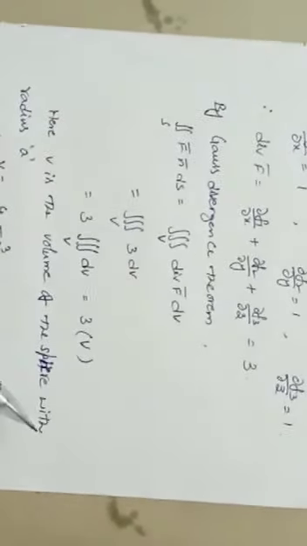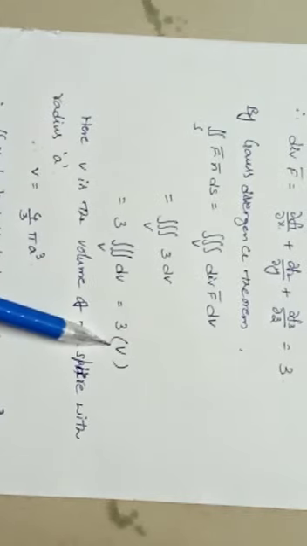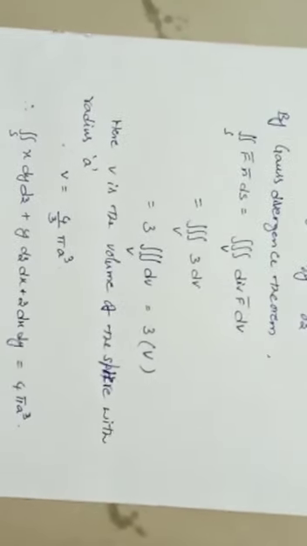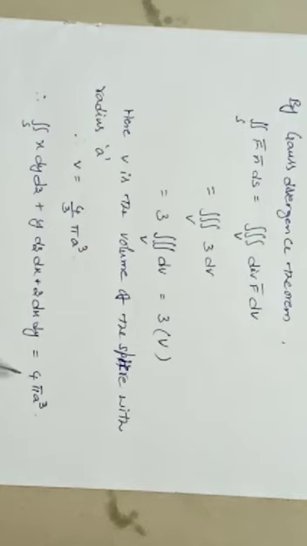So the volume can be written as 4 by 3 pi a cubed. This is the answer for the volume of the sphere. So substituting in this, the 3 gets cancelled, and you are left with the value 4 pi a cubed. That's all. Thank you.